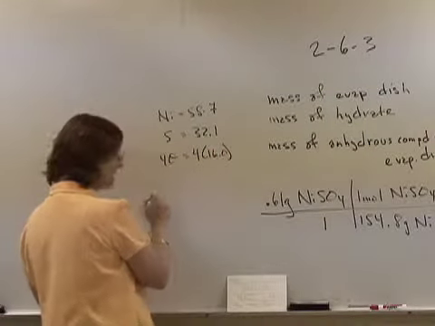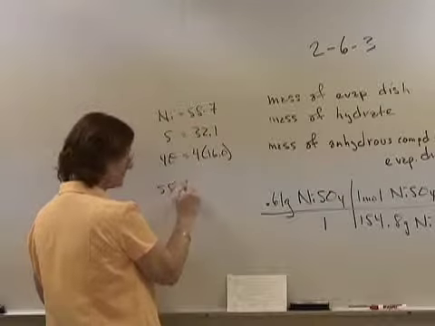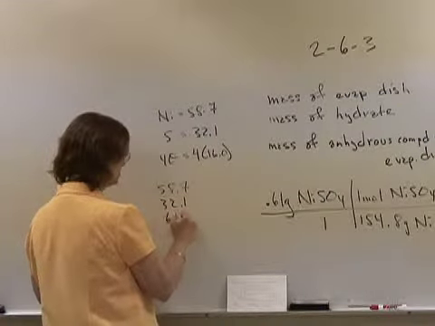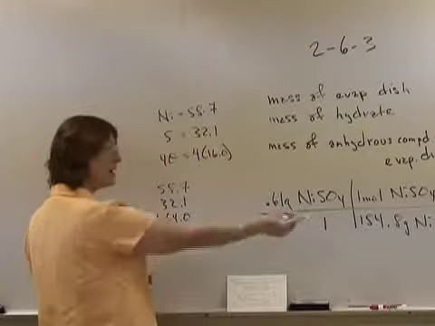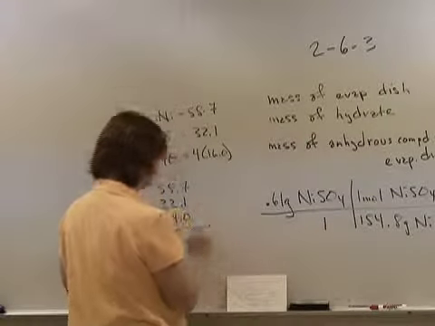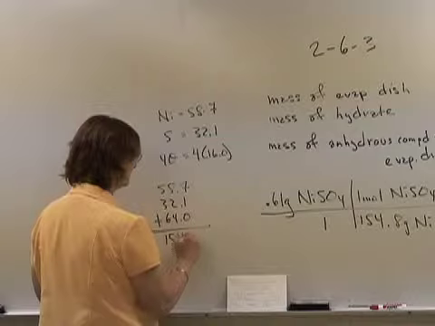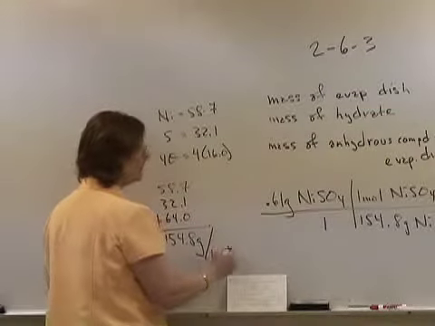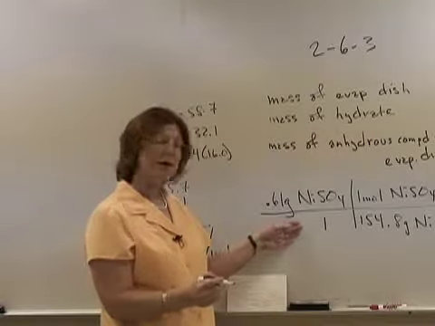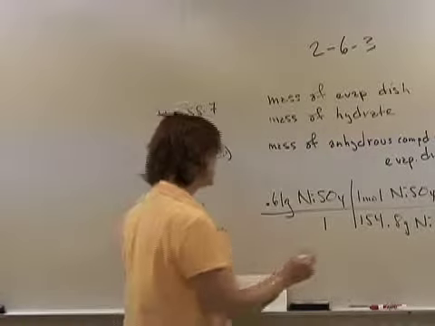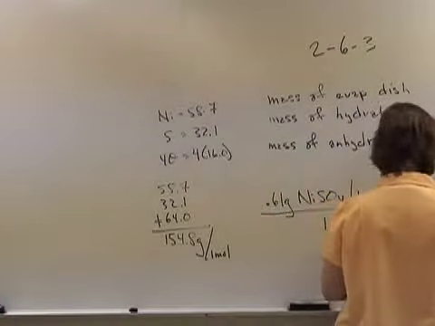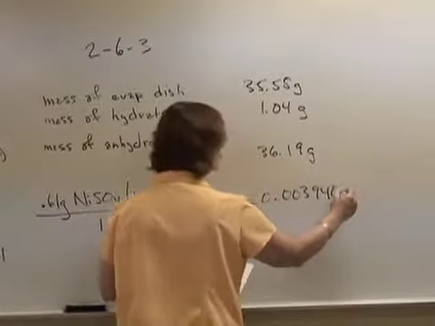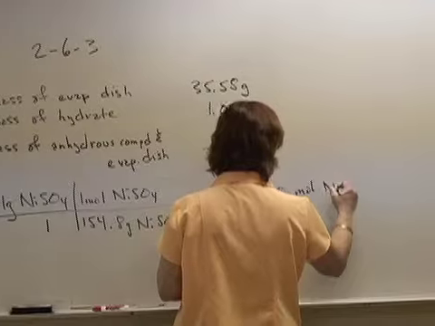I'm going to write them again, 58.7, 32.1, and 64.0, and when I add them up, I get my 154.8 grams per 1 mole. And that's how I change my grams to moles. And when I do this math, I find out that I have 0.003940 moles of the nickel 2 sulfate.